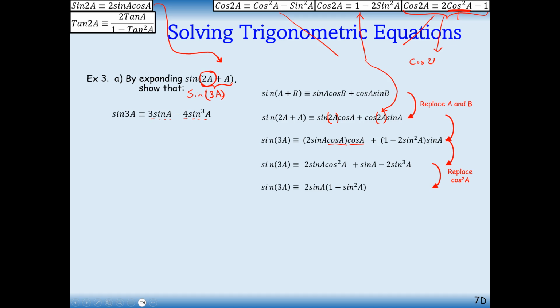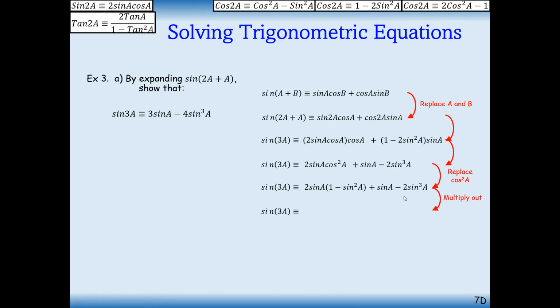So we go from there and we multiply out the brackets here and collect like terms, the powers of sine that add up to each other.